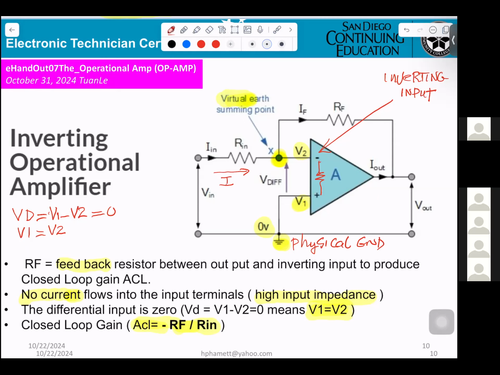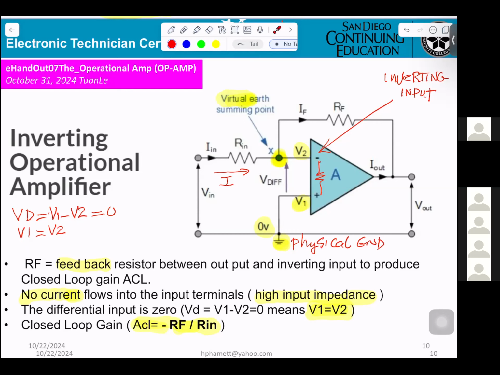It is connected this way, but it is 0 volt. What's the difference? That will be telling you the current can flow through it. So that's why they call it virtual root. Even though it is a root, it's not a physical root. If you connect a wire from the negative to the root, then current cannot flow. Okay? So that is special.